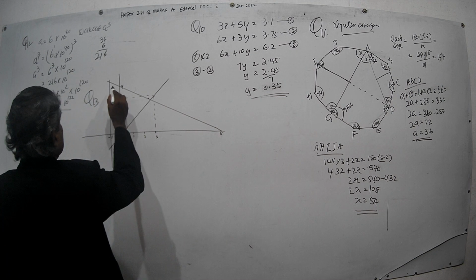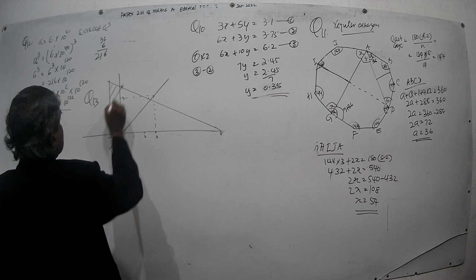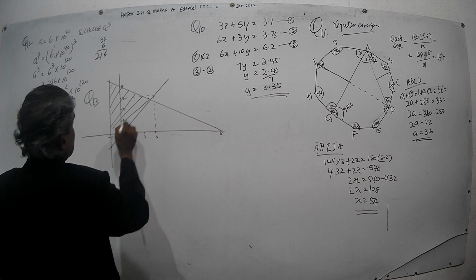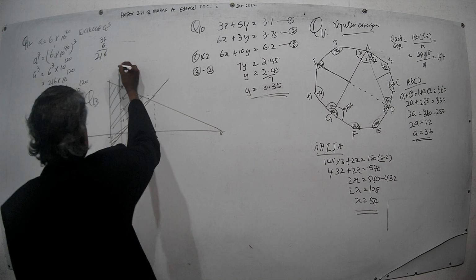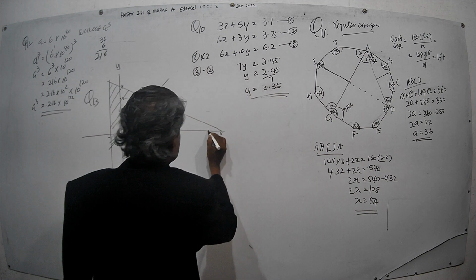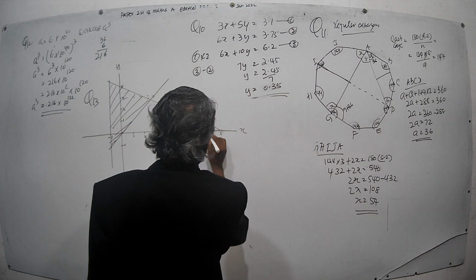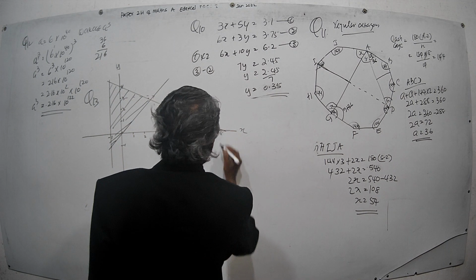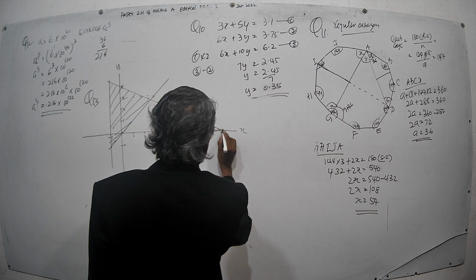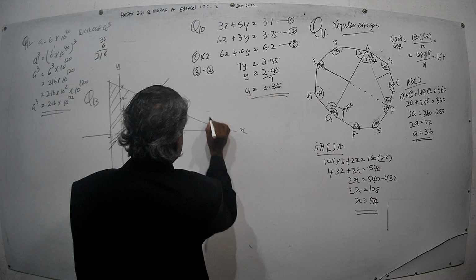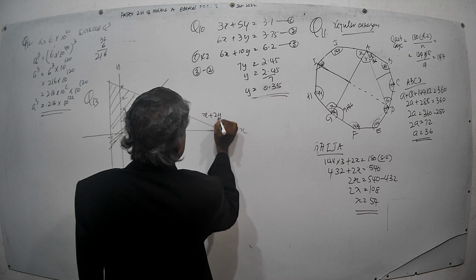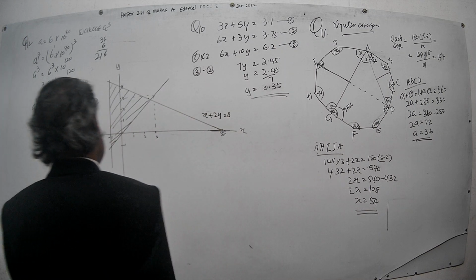Right, this triangle has been shaded. Then the equations of these lines have been given. This is y equals x. Then this line is x plus 2y equals 6. Okay.